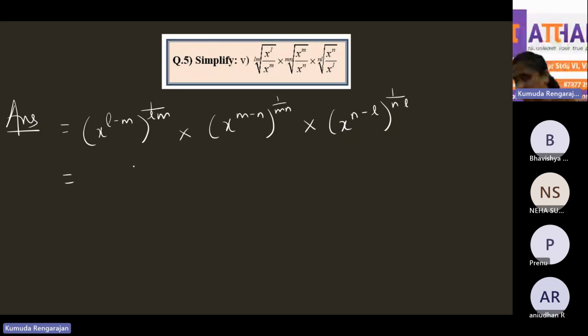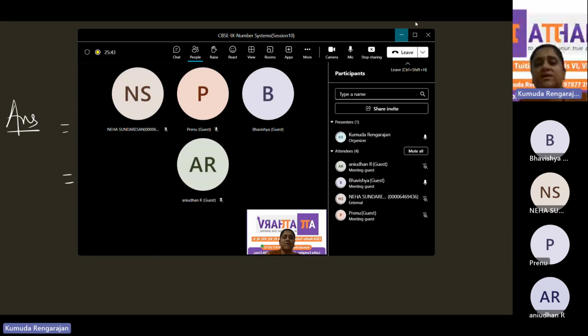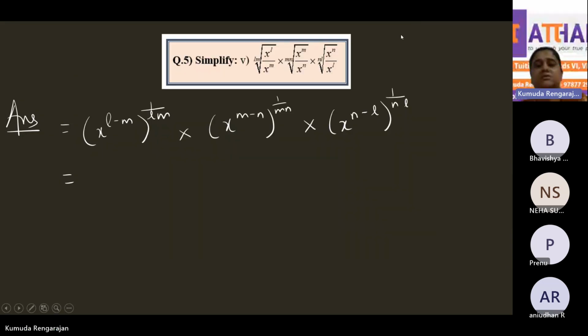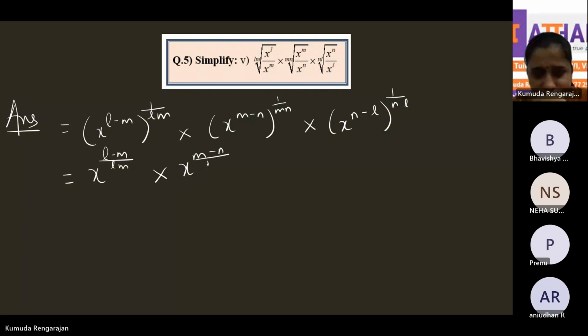So what's the next step? Bhavishya, what's the next step? Multiply the powers and tell me how they look. X to the power l minus m by lm, into x to the power m minus n by mn, into x to the power n minus l by nl.